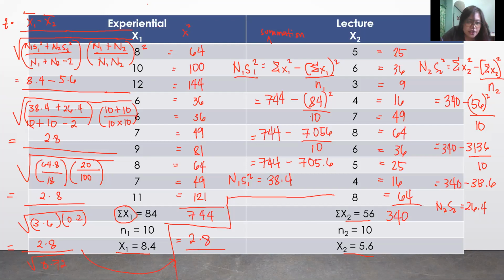The answer is 0.8485281374. So the final answer, the T-score here, 2.8 divided by the answer, it's 3. Kung 2 decimal places, the T-score is 3.30.